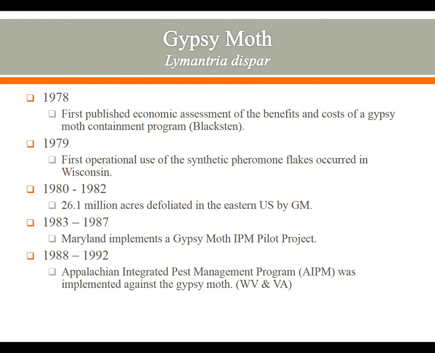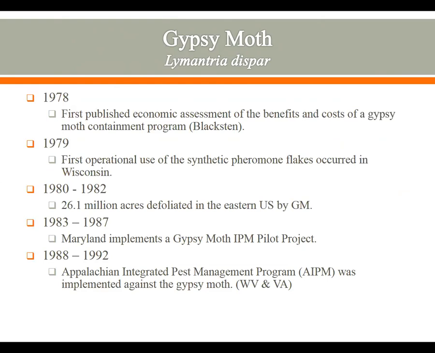But then in 1980 to 1982, 26.1 million acres were defoliated in the eastern United States by the gypsy moth. Now, to give you a comparison, the state of Ohio has 26 million acres in it. So over the whole eastern U.S., an area the size of the state of Ohio was defoliated between 1980 and 1982.